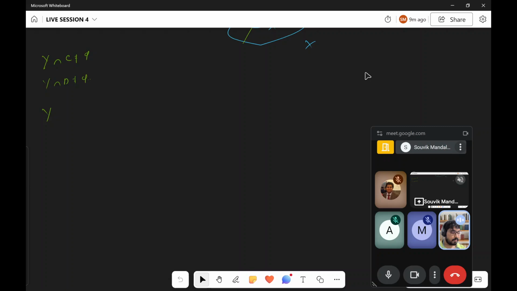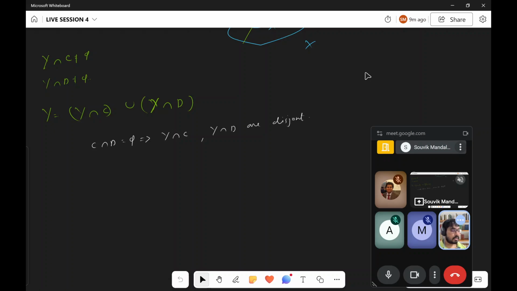Now Y can be written as Y intersection C union Y intersection D. And of course C, D are disjoint, that implies Y intersection C and Y intersection D are disjoint.